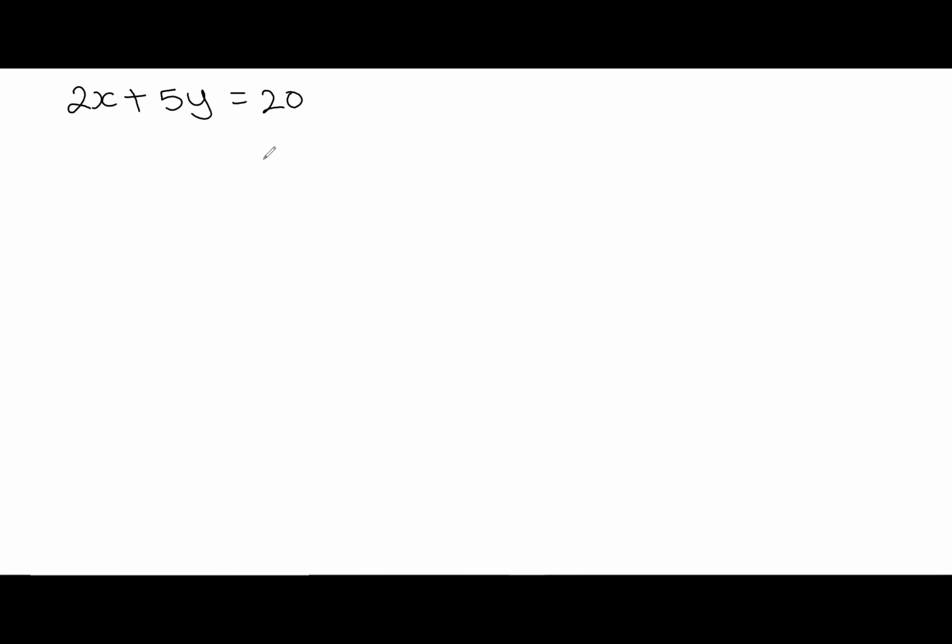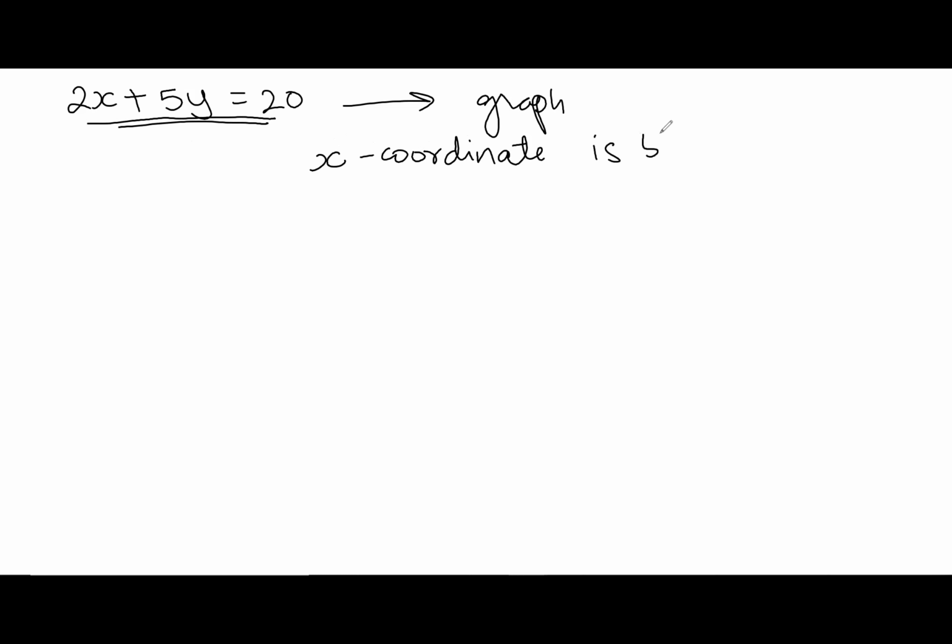Now this is going to have a graph, right? I need to find out which point on the graph of this equation will be such that the x coordinate is 5.5 times its y coordinate.